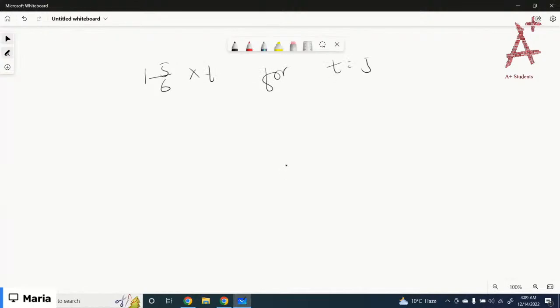Got it? 6 times 1 is 6 and 5 makes 11 over 6 times 5. 5 doesn't have any denominator, which means the denominator is 1. Just do numerator times numerator: 11 times 5 is 55 and 6 times 1 is 6. So just divide 55 by 6.